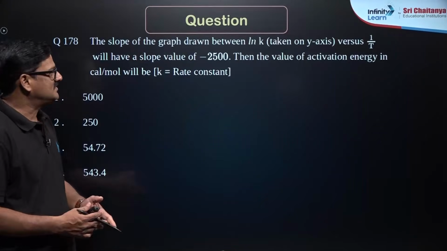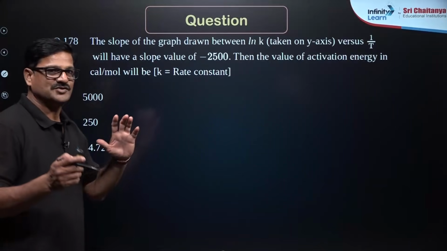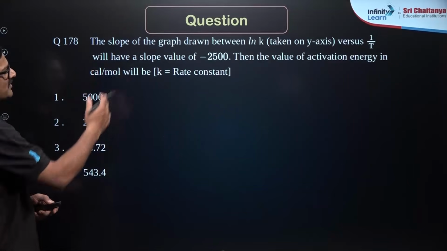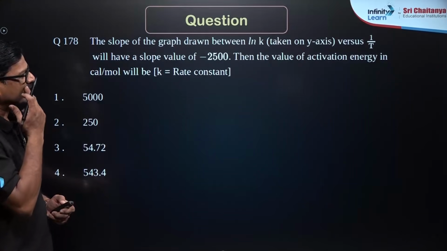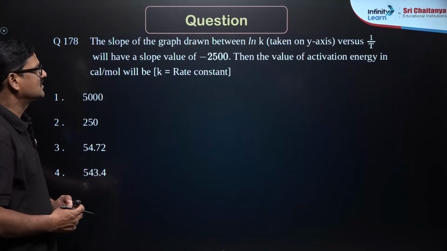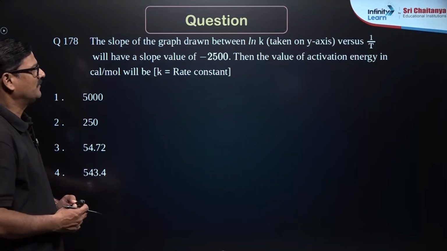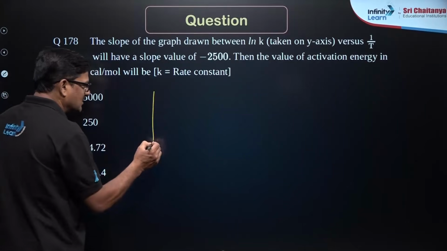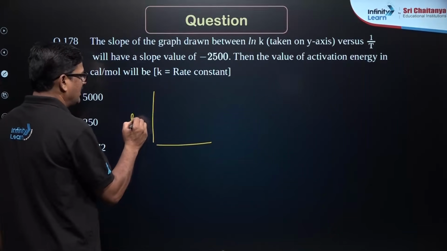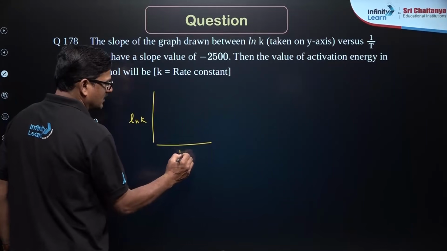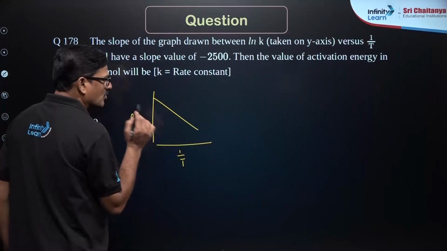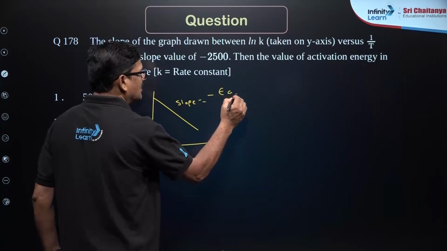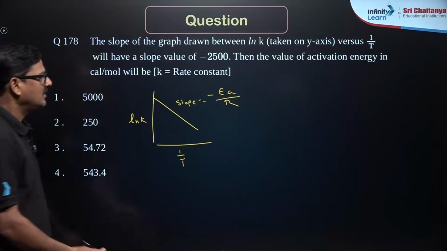Moving ahead, this is a question based on the calculation of activation energy from chemical kinetics. The slope of the graph drawn between ln K and 1/T is -2500, and we need the value of activation energy in calories. Now you can see here, this is ln K versus 1/T, and the slope is -Ea/R.